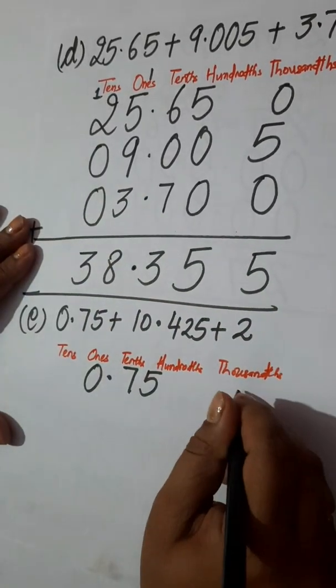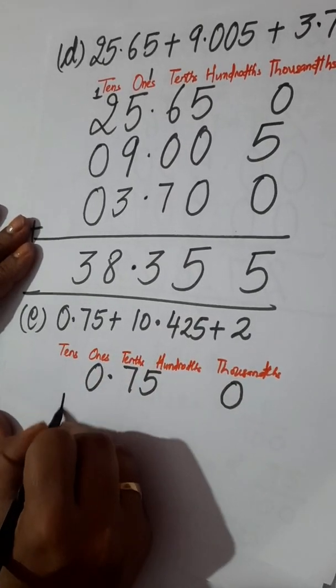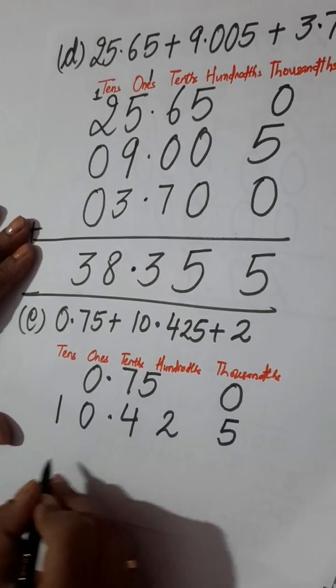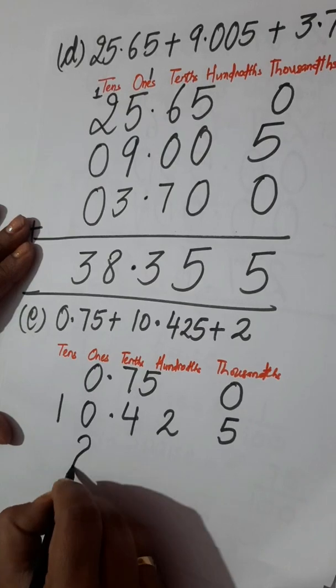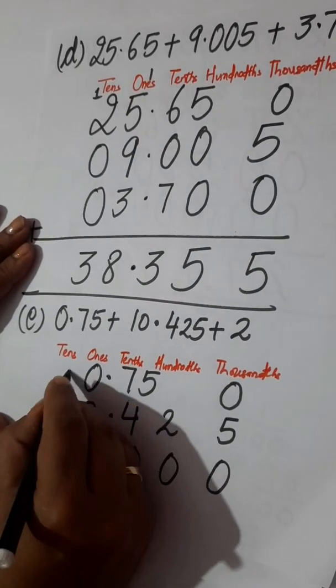So below thousandths I will write this 0. Now next we have 10.425. Then we have this 2, which is very clear, it is at the ones place, so I will write 2, and below the other places I will put 0.